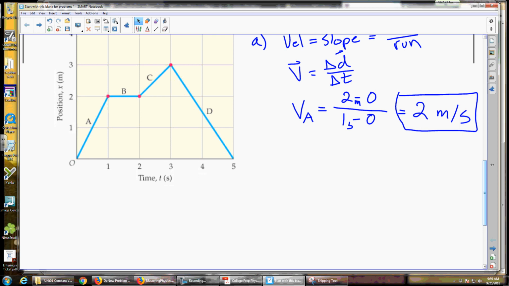I'm going to try to kind of spread out my work here. Same root, but I want to stay on the same screen here. VB, my rise is from 2 minus 2 meters. My time is 2 seconds minus 1 second, which leads to 0.